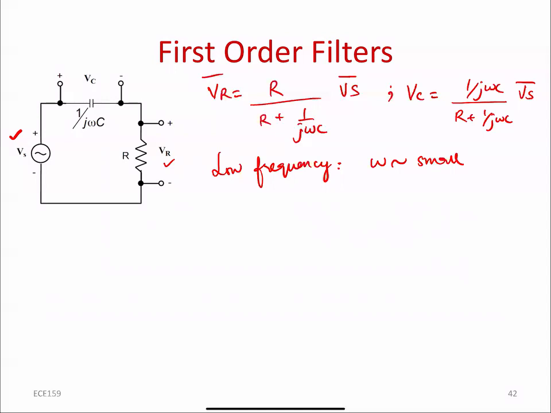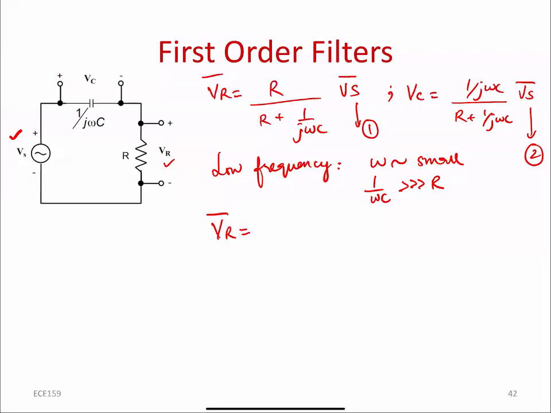This means that 1 over omega c, because this is the inverse, is much greater than R, right? Let's name this one equation and this a second equation.